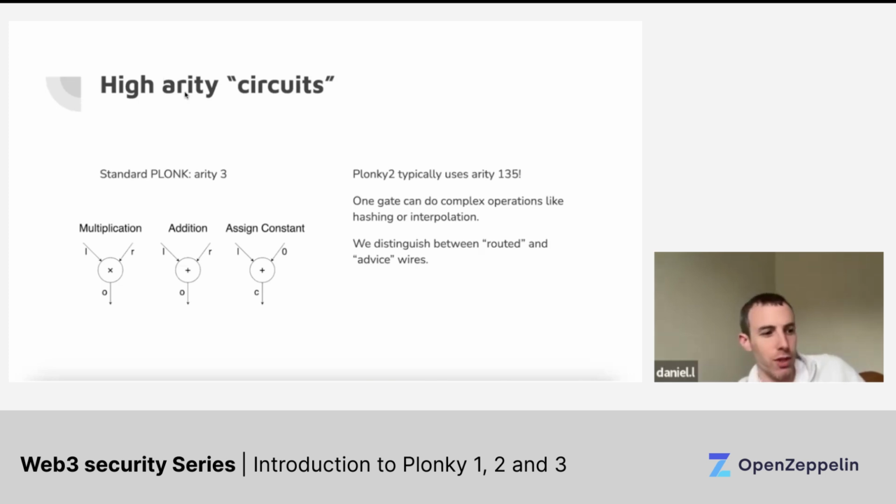But if we have these much more powerful gates, we can suddenly do complex operations such as interpolation. And this can be very helpful because within a single gate, we basically have 3 linear operations. But if an operation has to span multiple gates, then that no longer applies. So we can do a lot of complex operations more cheaply in one big gate than we could in many small gates.